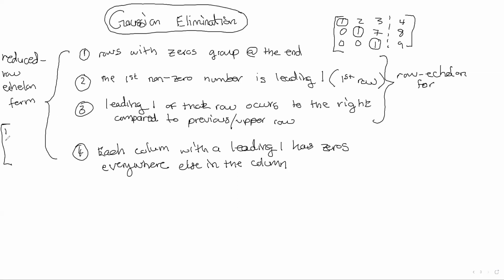This case would be 1 0 0, 0 1 0, 0 0 1. Then we might have 3 2 8, something like that. It's a reduced row echelon form, and basically that's the summary.